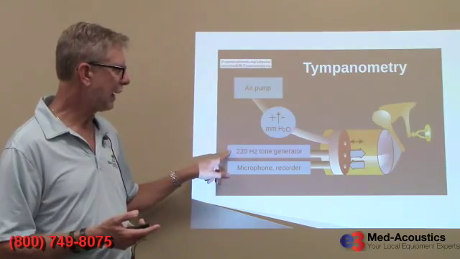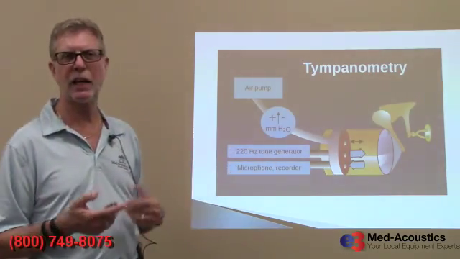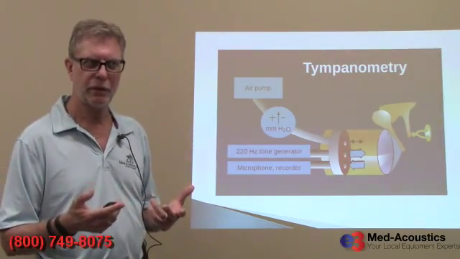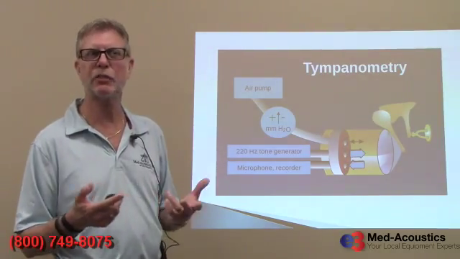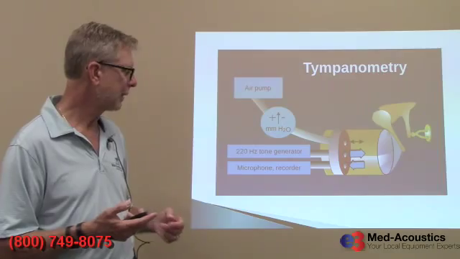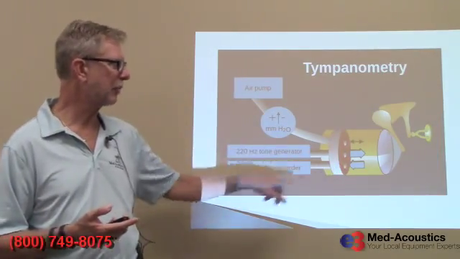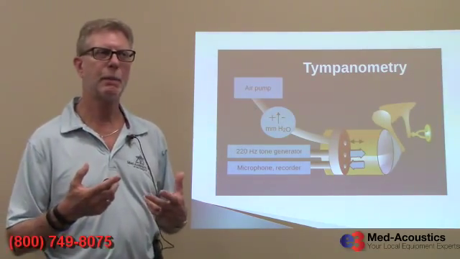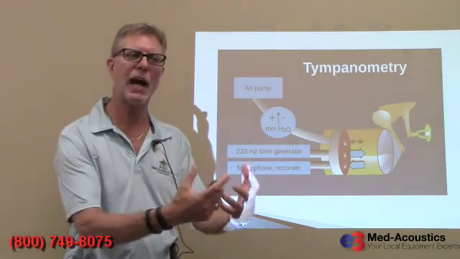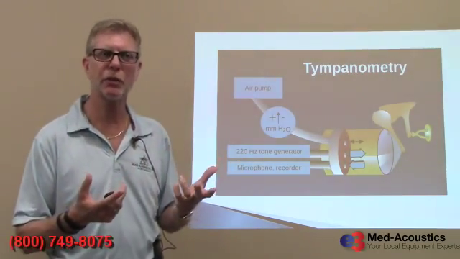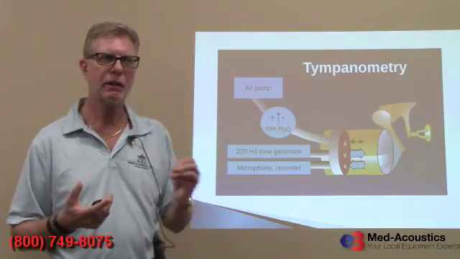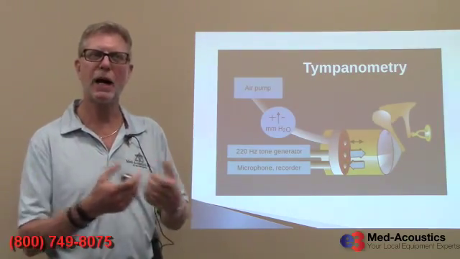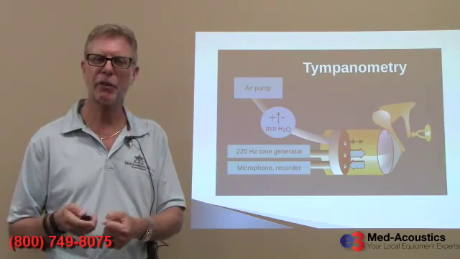And we also have a little speaker in the probe that generates a 226 hertz tone. And on some of the equipment, we can change that to a 1,000 hertz tone, and I'll tell you why you might want to do that. We also have a microphone in the probe that picks up the reflection from the eardrum. And of course, when the eardrum is pushed backward or pulled forward with the pressure, less of that probe tone is able to be absorbed by the eardrum, so that the tympanogram graph is low.